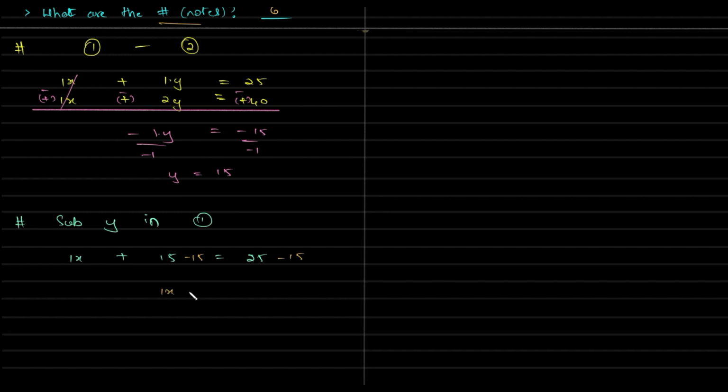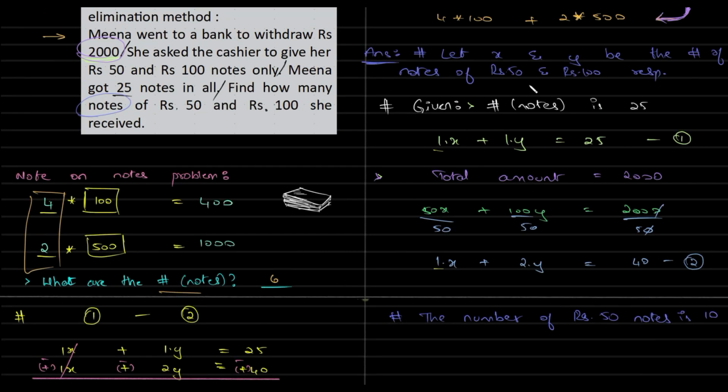We have 1x is equal to 10. Then to conclude the answer, the number of rupees 50 notes is 10. x is related to 50s.